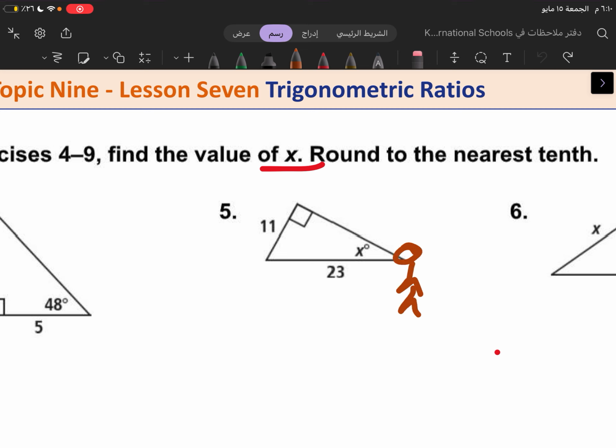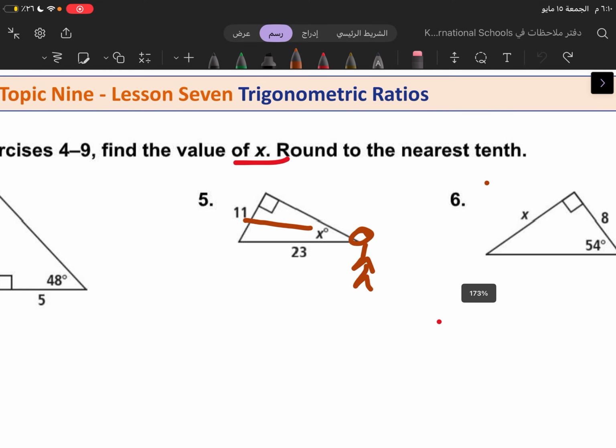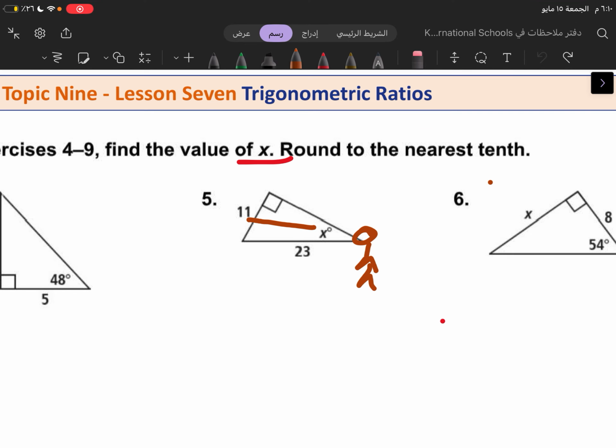Okay. And see what is given. Okay, what is given here? The 11 is opposite, and the 23 is adjacent.